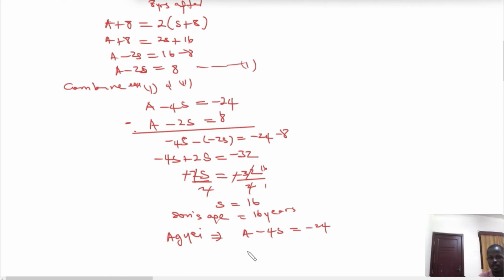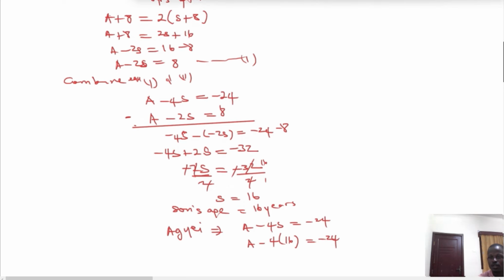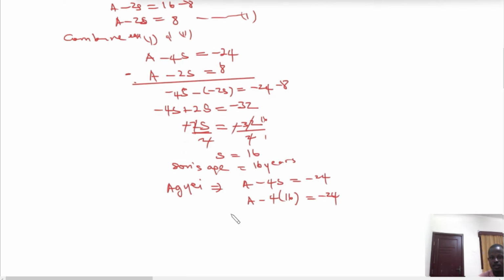So we substitute for S: A minus 4 times 16 is equal to minus 24. Let's calculate 4 times 16, this is 64. So minus 24 stays here, and then minus 64 goes over, it becomes positive 64.